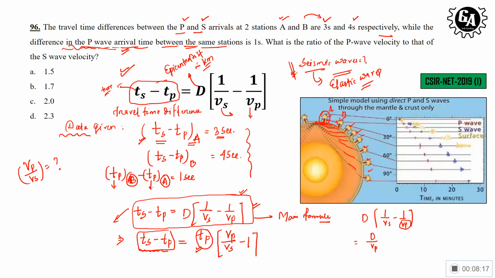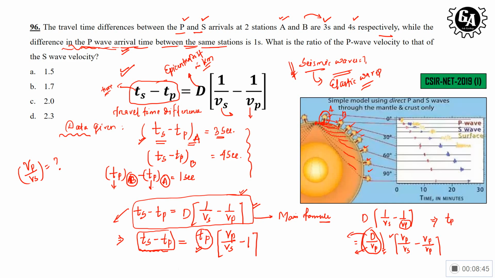If I divide Vp outside, then Vp by Vs minus Vp by Vp. Simple, I just multiplied Vp and divided Vp. The unit is also the same. This Vp will cancel out, it will be value 1, and D by Vp is equal to Tp. This is the distance traveled and this is the velocity.